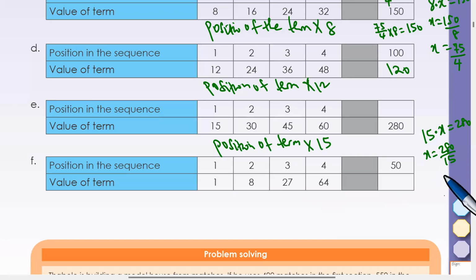So you can divide 280 and 15 by 5. You divide 15 by 5, what do you get? You get 3. You divide 280 by 5, you get what? 56.